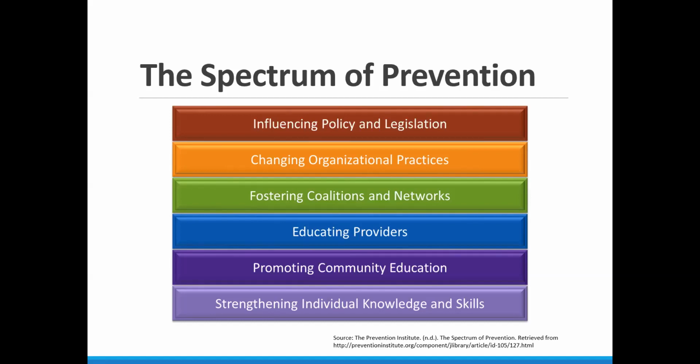spectrum. If we start at the bottom and move our way up, the spectrum consists of 1, strengthening individual knowledge and skills, 2, promoting community education, 3, educating providers, 4, fostering coalitions and networks, 5, changing organizational practices, and 6, influencing policy and legislation.